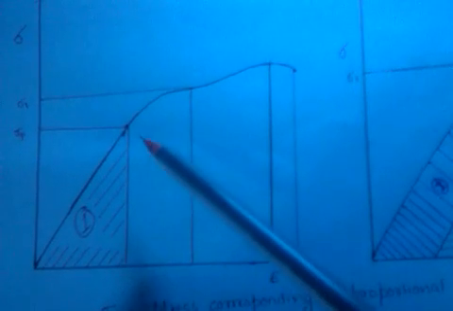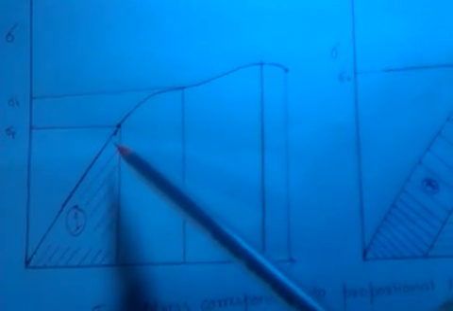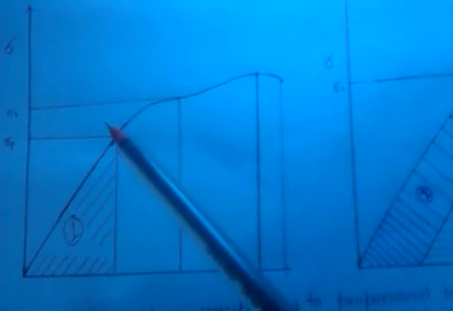Just remember that the area under this curve, under the proportional limit, will give us the strain energy density. The proof will be given in later videos.